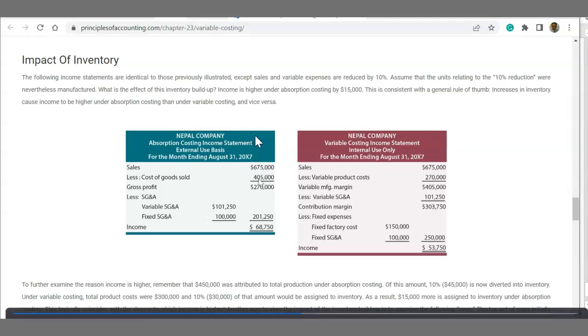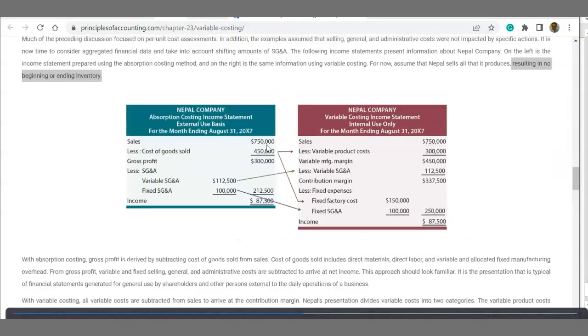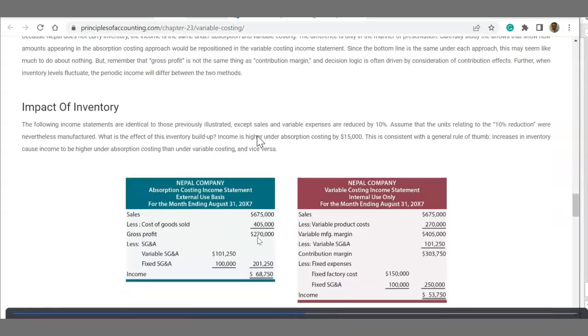Therefore, the sales go down by 10%, and cost of goods sold goes down by 10% compared to here. You see, 750 minus the 10% that is not sold, cost of goods sold minus the 10% which is not sold. So the sales is less by 10%, cost of goods sold is less by 10%, and gross profit is less by 10%.